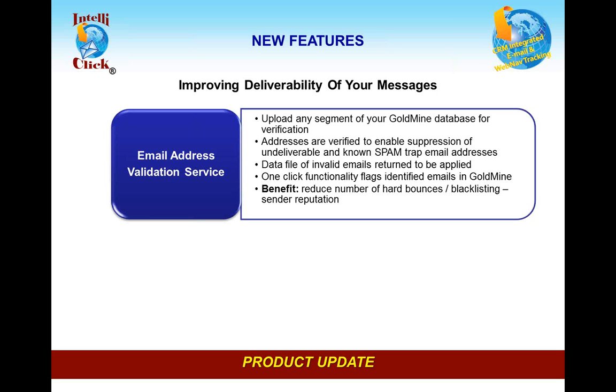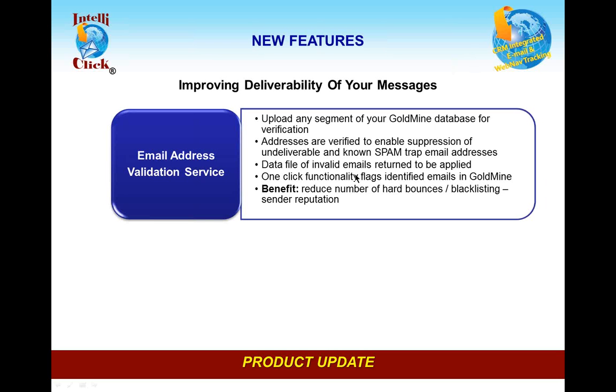Again, key benefit here is really reducing the number of hard bounces from any and all of your campaigns, especially when you're using an older data set of email addresses and really trying to keep your reputation intact and not being put at risk.